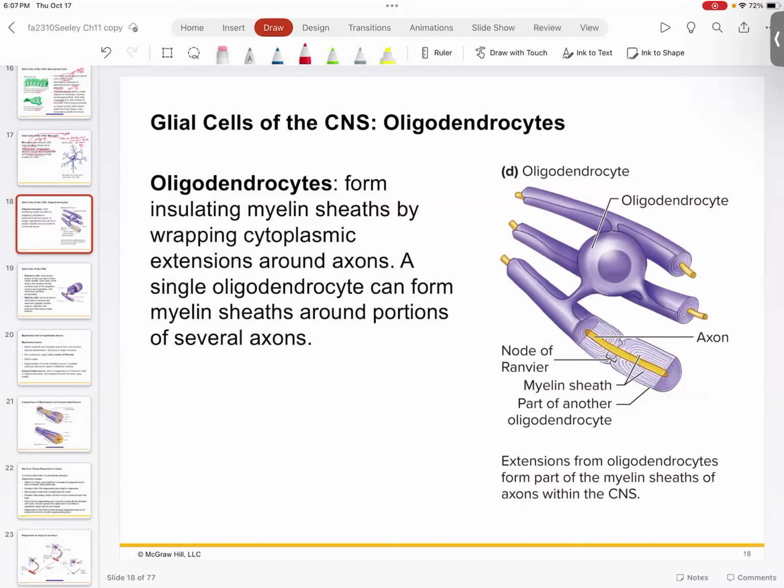Okay. So the fourth type of glial cell we're going to see is the oligodendrocyte. An oligodendrocyte is important because it creates what's called a myelin sheath. It forms a cytoplasmic extension around the axon. It basically wraps its membrane around and around the axon.